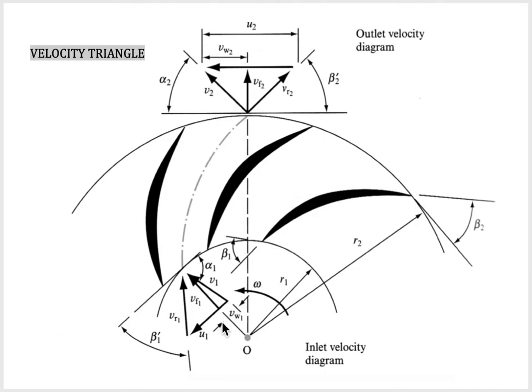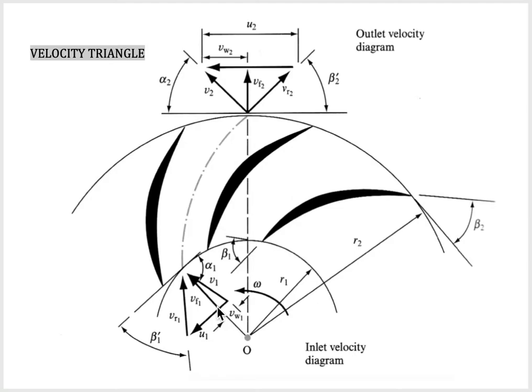Then you draw the component velocity due to the rotation speed and the blade curve. So we draw U1 here, and we draw VR1 here. At the outlet, we draw VR2 here because this is the shape of the blade at the outlet, and this is U2, the tangential velocity at the outlet.